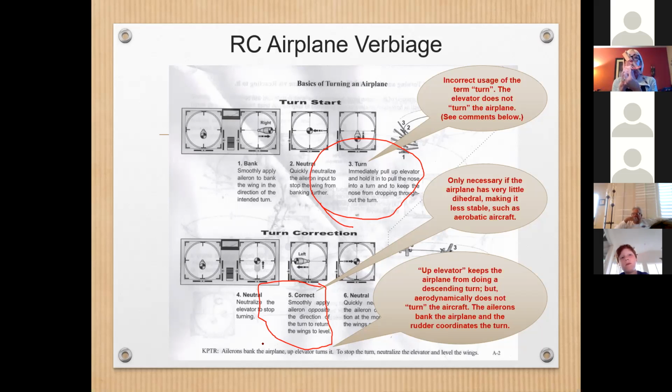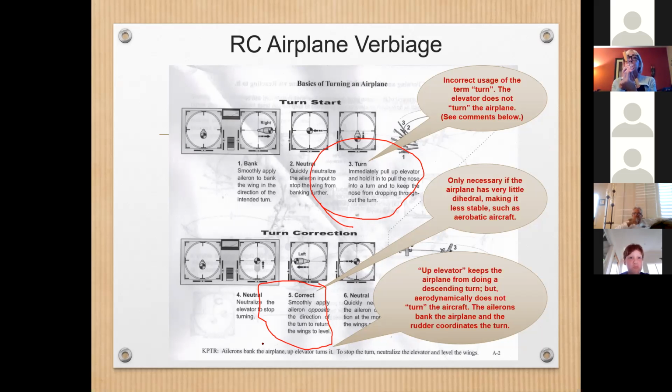Now, when I roll out of my bank, I bring the steering wheel, which in an airplane we call a control yoke, so I'm steering this direction and I'm going to bring it back to neutral. I am not going to be in a 30-degree bank turn, overcorrect the other direction, and then bring it back to neutral, because what's going to happen is people are going to start throwing up.